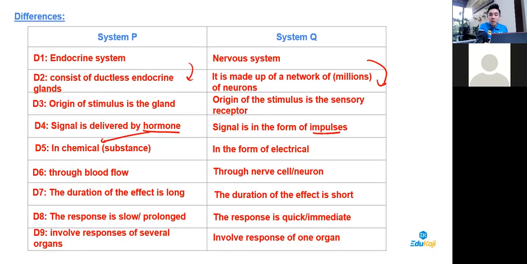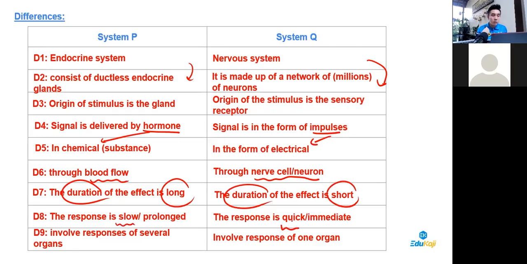Hormone is a chemical, impulse is electrical. Okay, using blood, this one is neurons. Long duration, short duration. Slow response, this one quick. Okay. So guys, because in front you have a few, probably seven here will be sufficient. You don't have to copy 2 which you think are not so suitable for you.